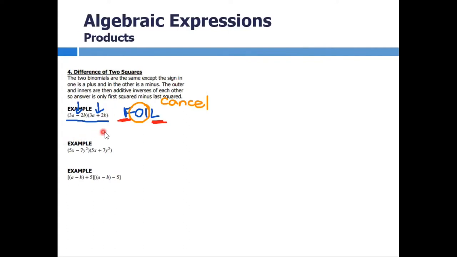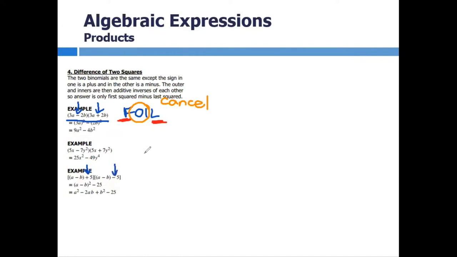And I'll show you, there's a couple of examples here, but I'm going to show you the last example we're going to focus on, because in this last example, it actually became very useful, because you'll notice there was an A minus B plus 5, and then an A minus B minus 5. They are exactly the same, except for this plus and this minus.